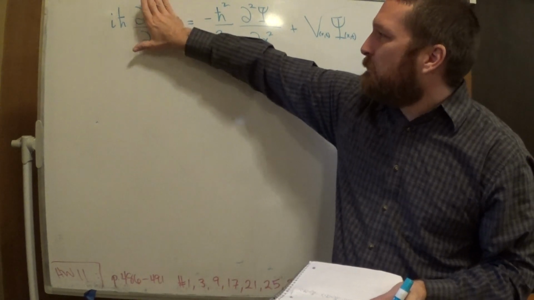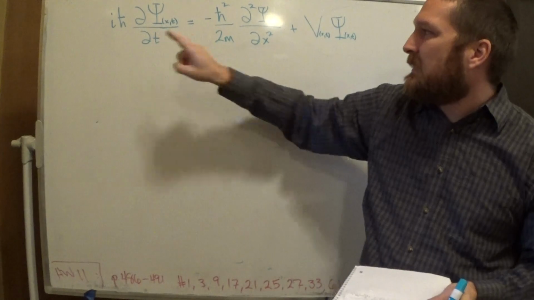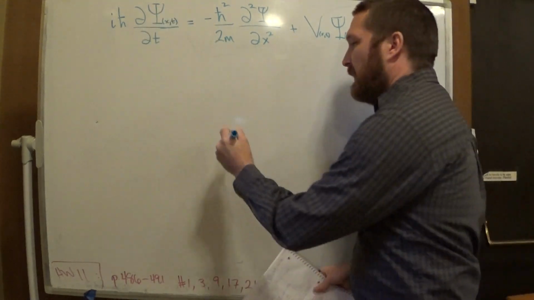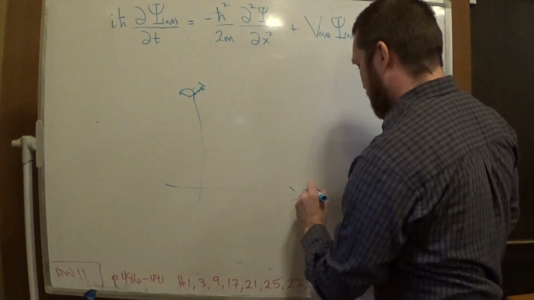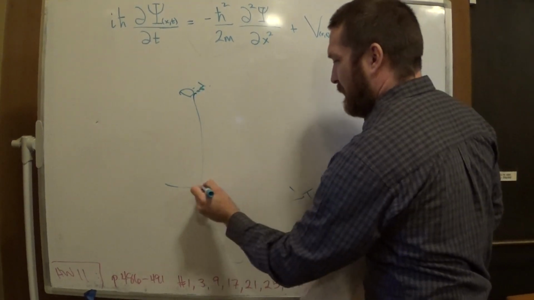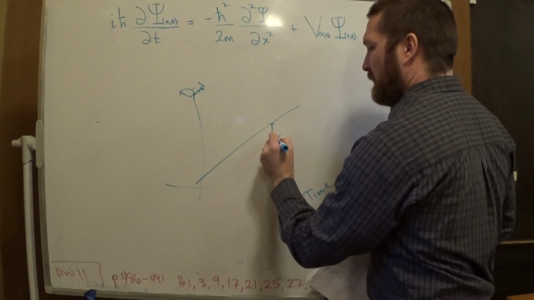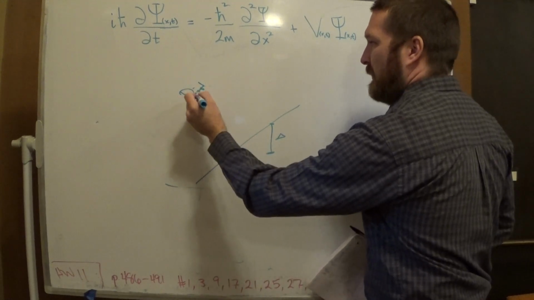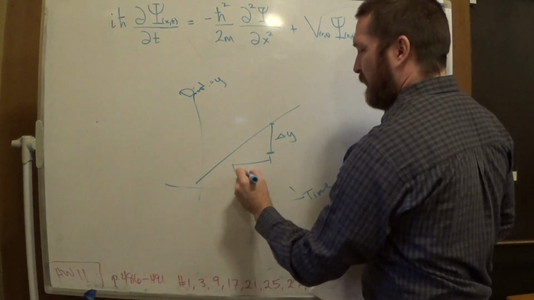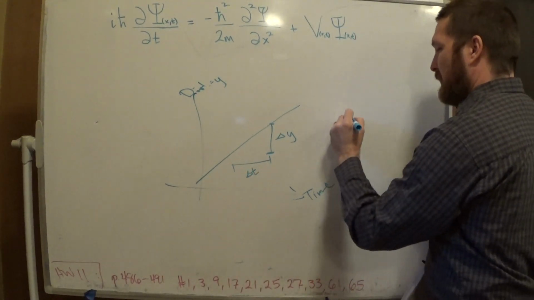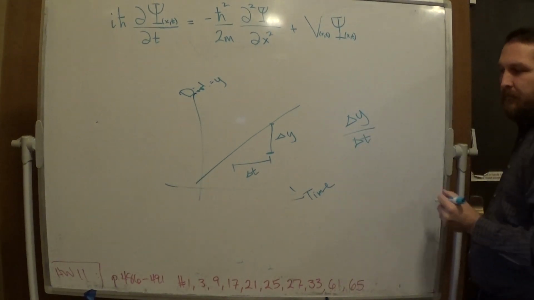This d psi dt, if you think about distance versus time, its change in distance is often denoted, let's call this y, as the change in y over the change in t. That would be its velocity.